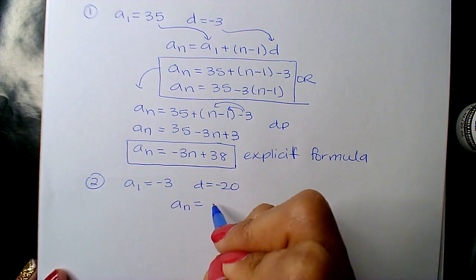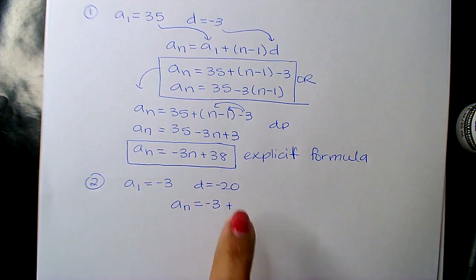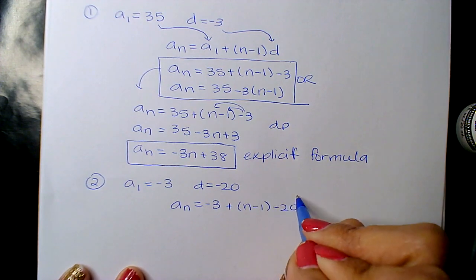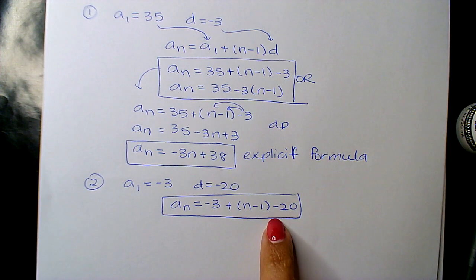A sub n is equal to the first term plus, do you want the D in front or the back? Back. Okay. (n - 1)(-20). Just make sure that you know this is a multiplication. It's not n minus 1 and then minus 20 subtraction. It's a multiplication.